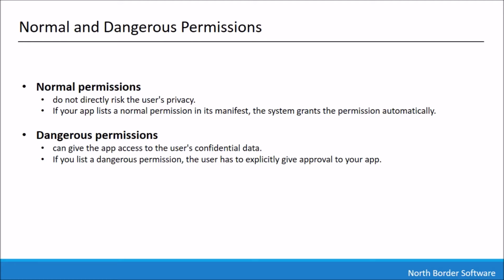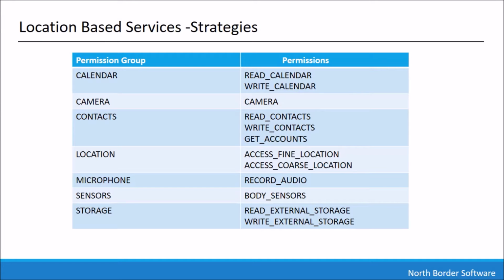Dangerous permissions, however, are those categorized as ones that can actually give out confidential data, so that may be the camera, it certainly could be the phone or contacts, this sort of information. These dangerous permissions are the ones that need to be authorized in runtime.